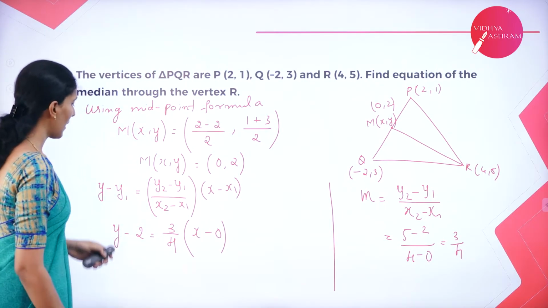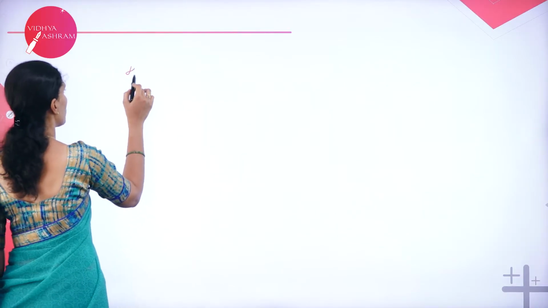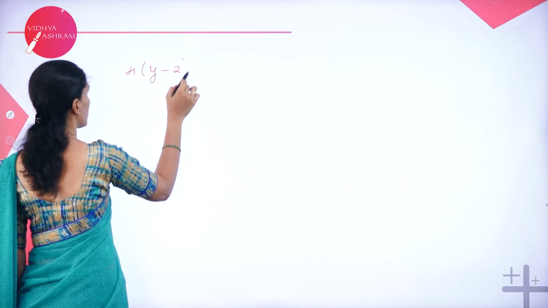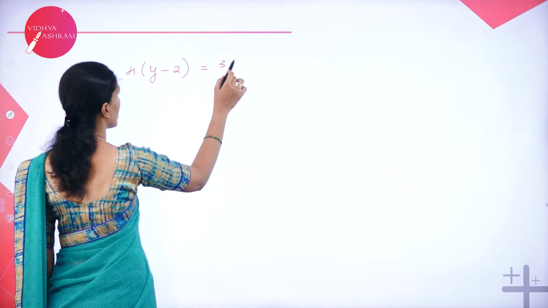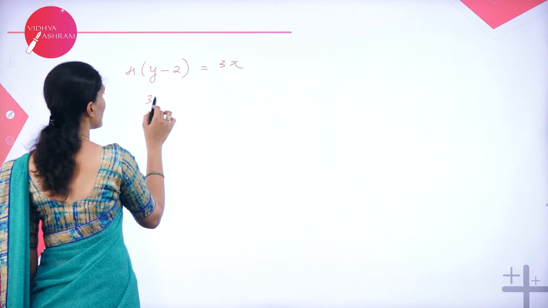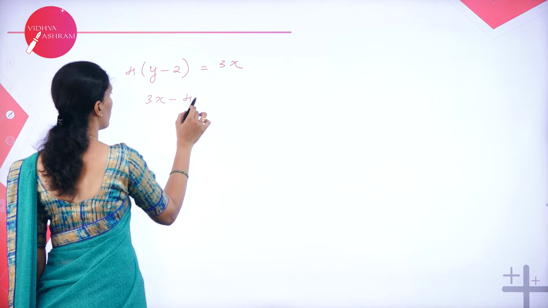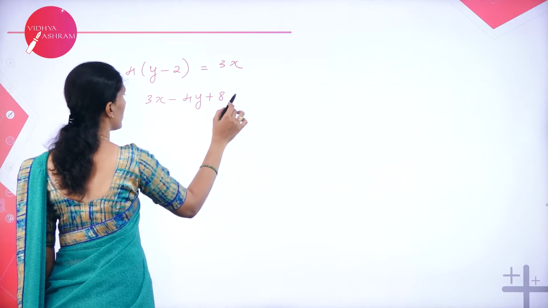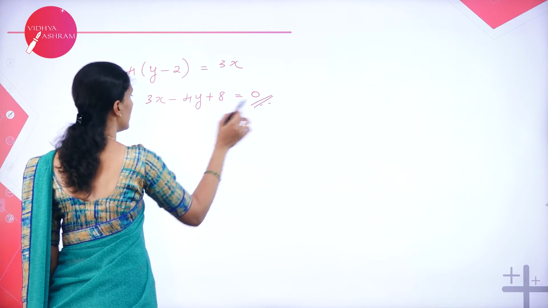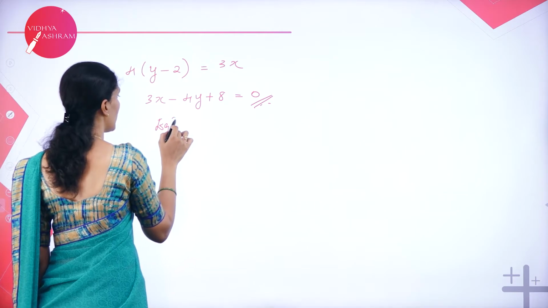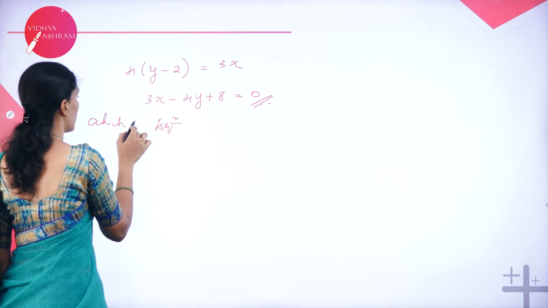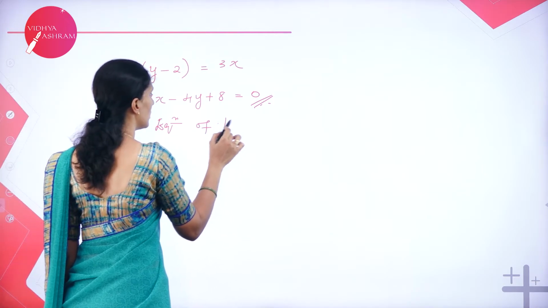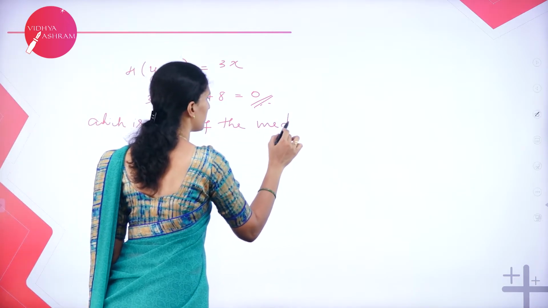So cross multiply by 4. This becomes 4 into (y minus 2) is equal to 3 into x. Or we can write it as 3x minus 4y plus 8 is equal to 0. So this is the equation of the median.